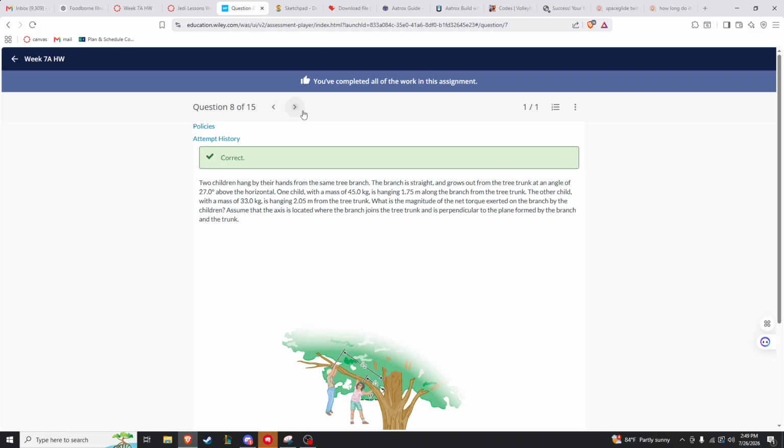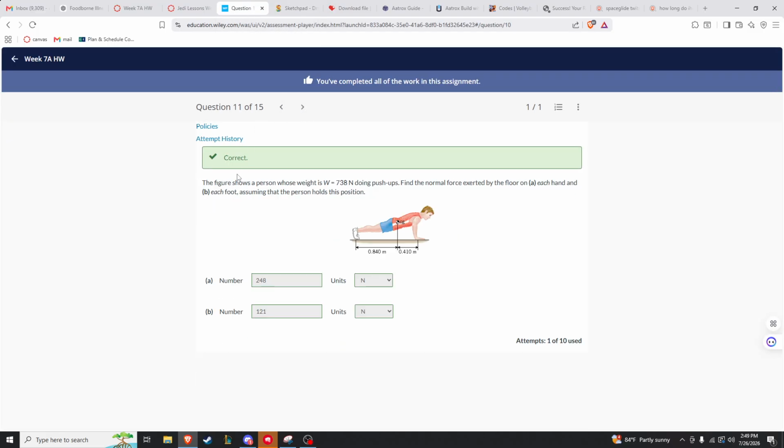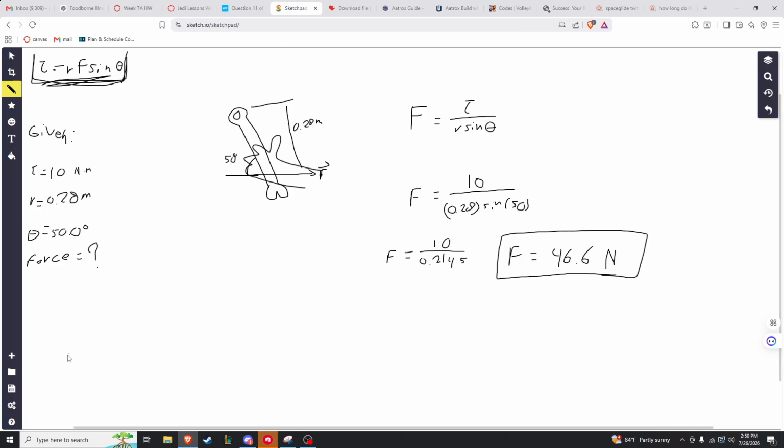That was question 7. Now we're going to go to question 11. The figure shows a person whose weight is W equals 738 newtons doing push-ups. Find the normal force exerted by the floor on each hand and each foot, assuming that the person holds this position. So we draw a new figure and put the person: those are his feet, his arms, and his legs, and this is his head.